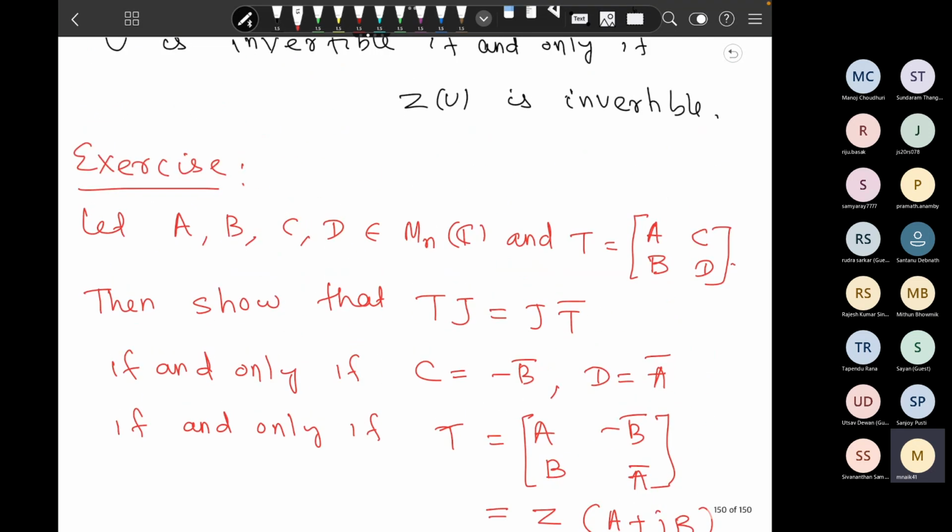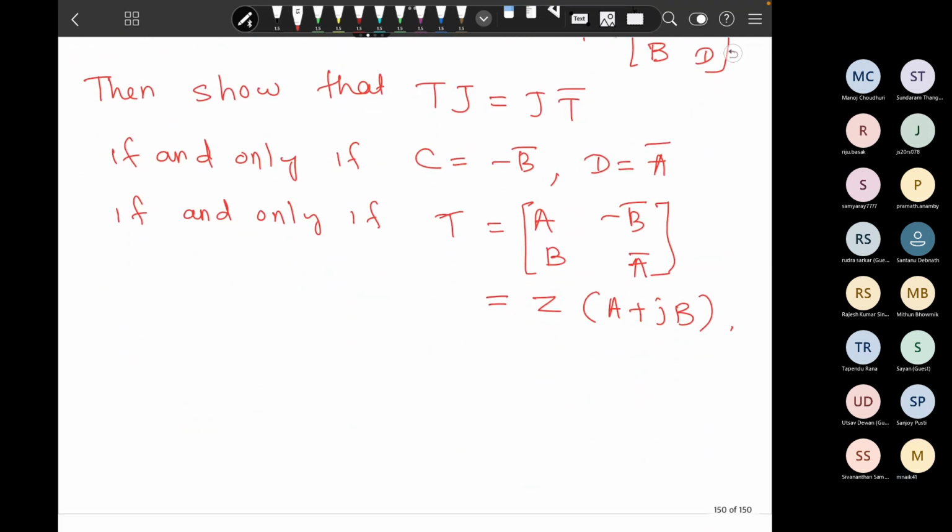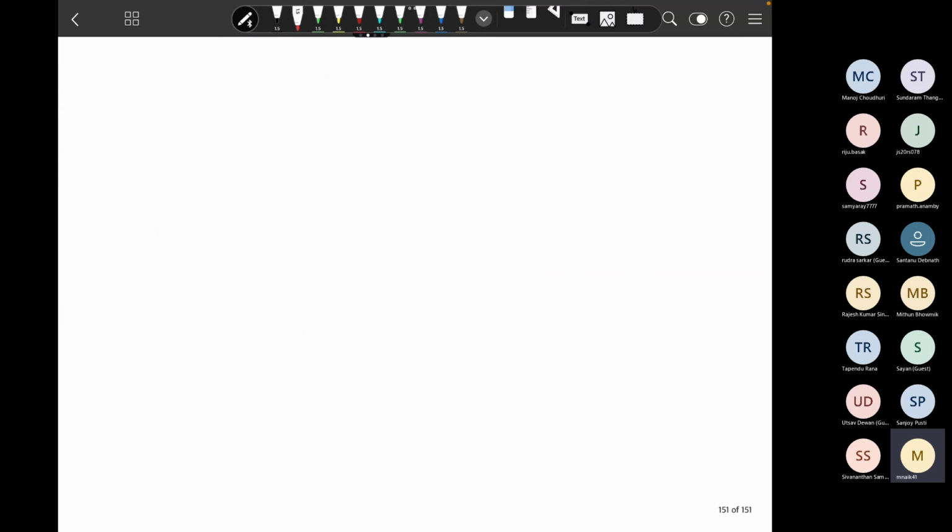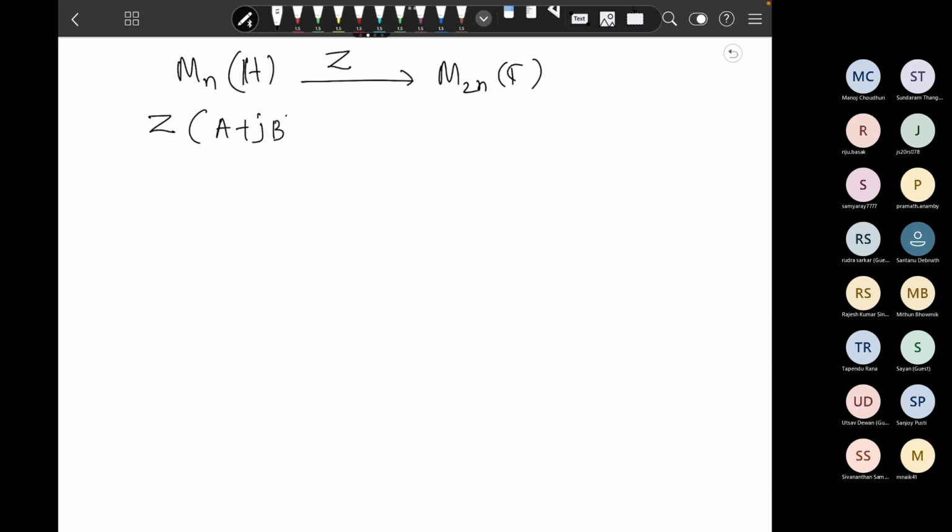Okay, that's the statement. So now I want to really... we have this map from MNH to M2N C. This is the map Z. And what is Z? Z of A plus JB is equal to the matrix A, B, minus B bar, A bar, where A, B belong to MNC.